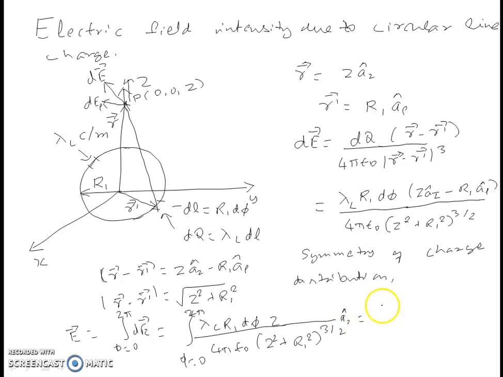So upon integration, we will see that this will result in 2 pi. This gets cancelled with this 2 pi, and we will have the expression for the electric field at the point P due to this circular line charge given by this expression.